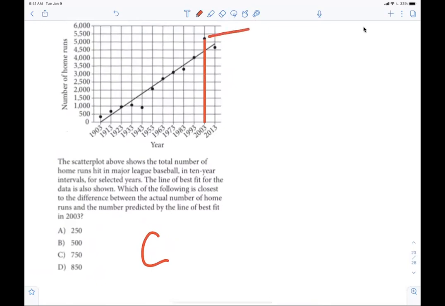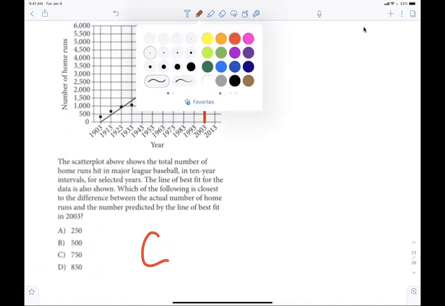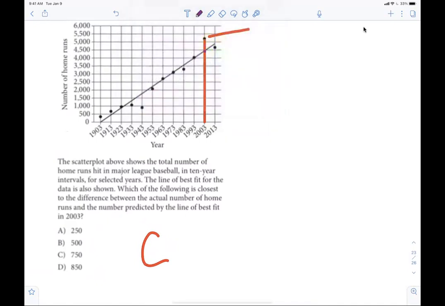So this dot is the actual, but the line is the predicted. So we're looking at these 2 points. Does everybody agree?